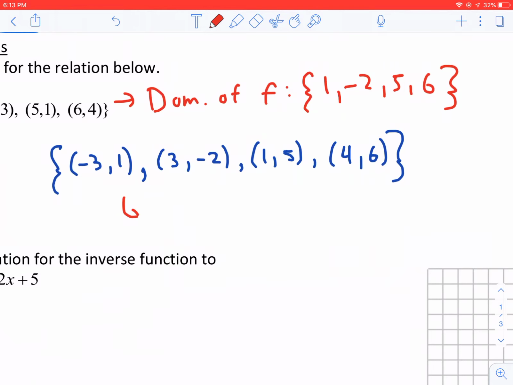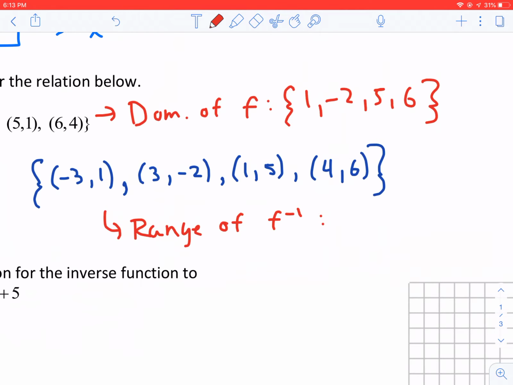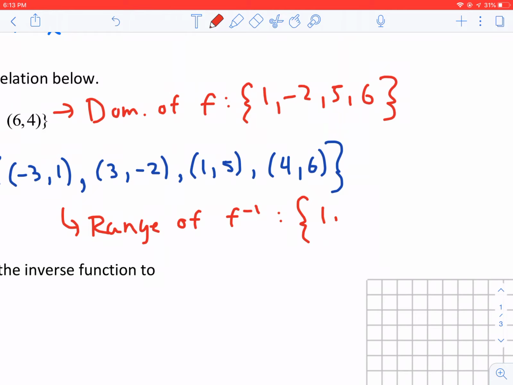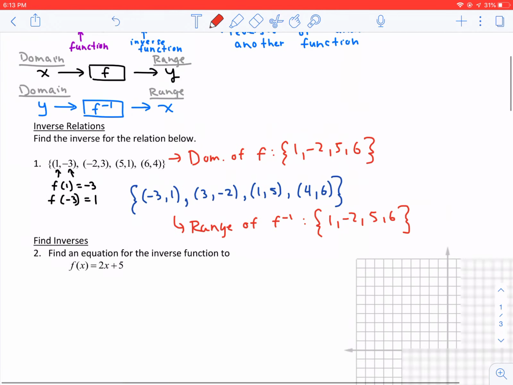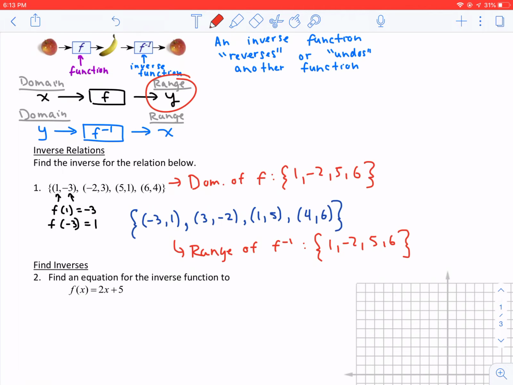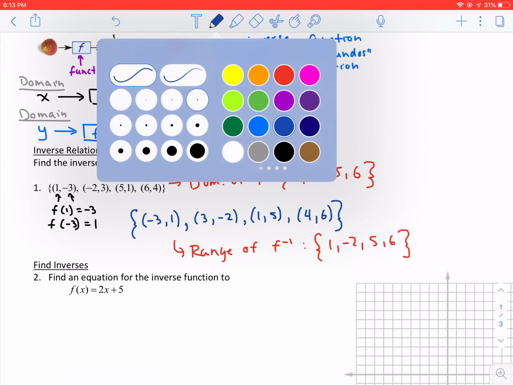And if you take a look here, the range of our inverse function, what is that? Well, that's 1, -2, 5, 6. So just showing this fact here: if I found the range of the original, that of course would equal the domain of the inverse. All right.